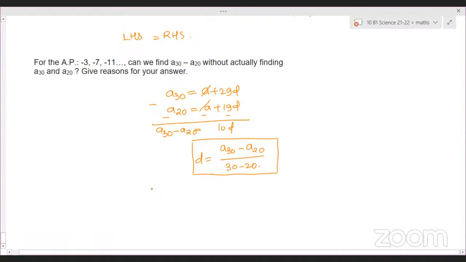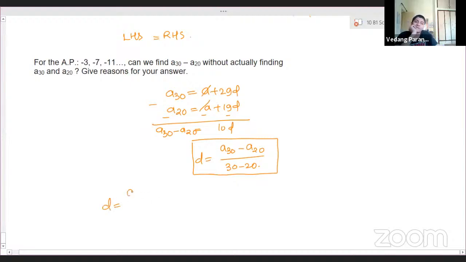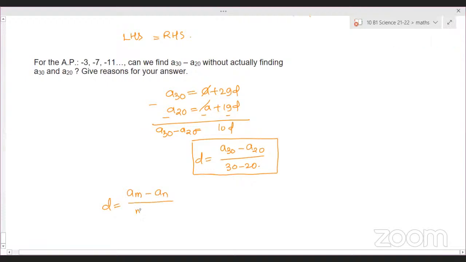Only for competitive exams, yes, you can use it. So the difference is equal to the mth term minus the nth term by m minus n. If we know the mth term and the nth term, then we can directly calculate the difference by subtracting those terms divided by subtracting their positions.